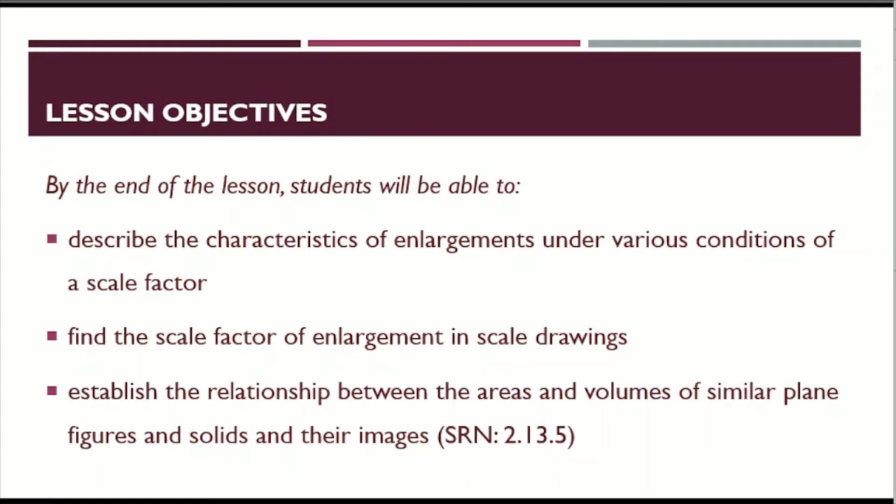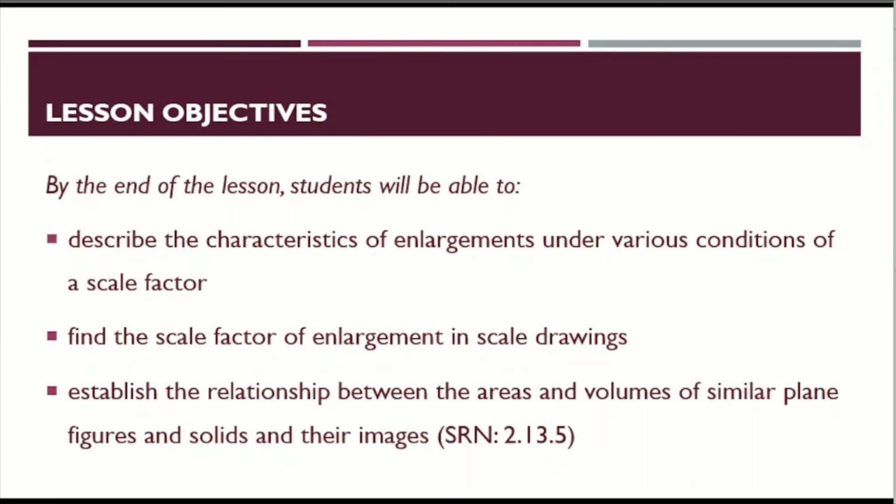And we're also able to use the GeoGebra artifacts to establish the relationship between areas and volumes of similar plane figures. And we observed that in finding the area of an image, we would have to square the scale factor of enlargement and multiply it by the area of the object.